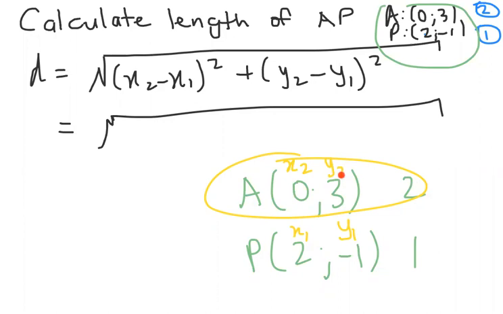So let's see if we plug it into the big formula, what do we get? So just put the x2 minus x1. So that will be 0 minus x1, which is 2, all squared, and y2 is 3, and y1, be very careful, it's not 1 and then you close it.